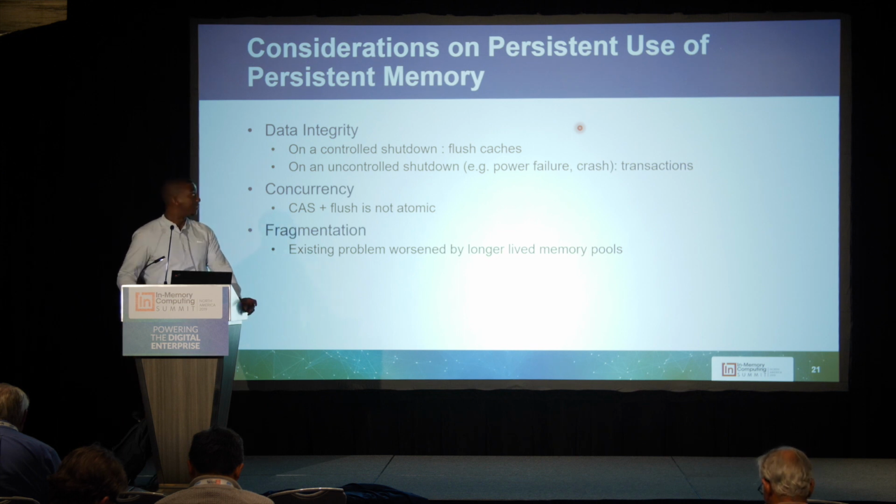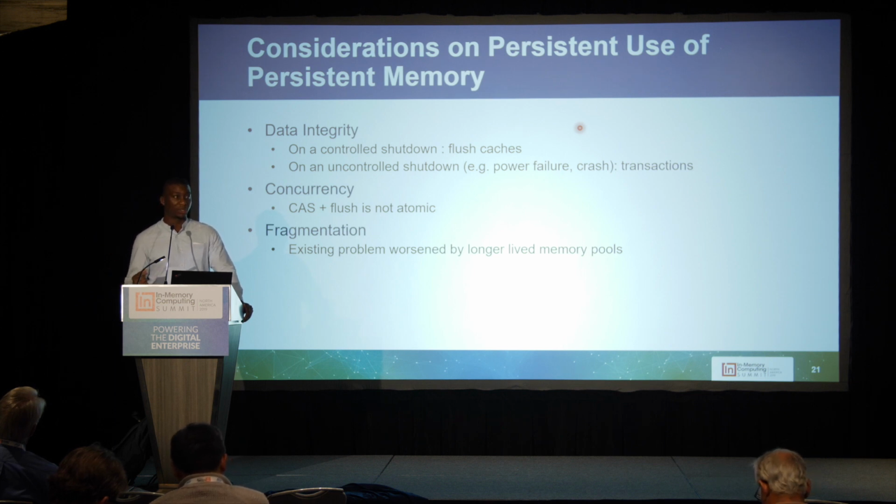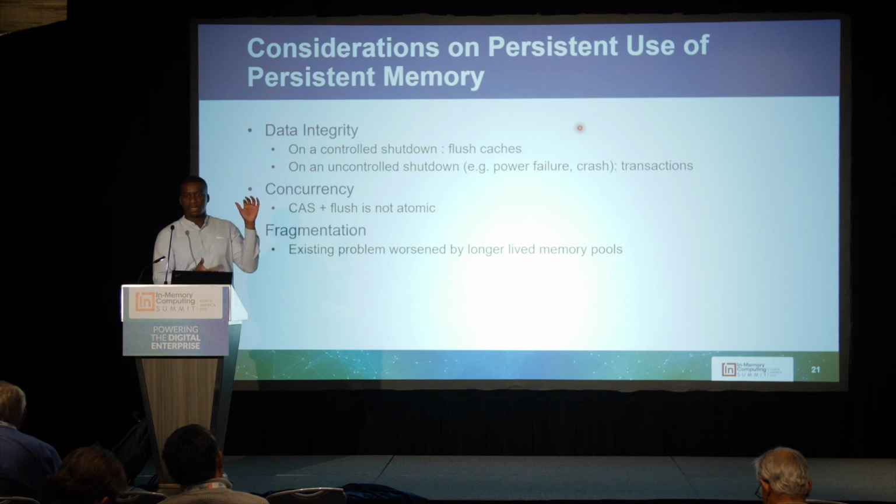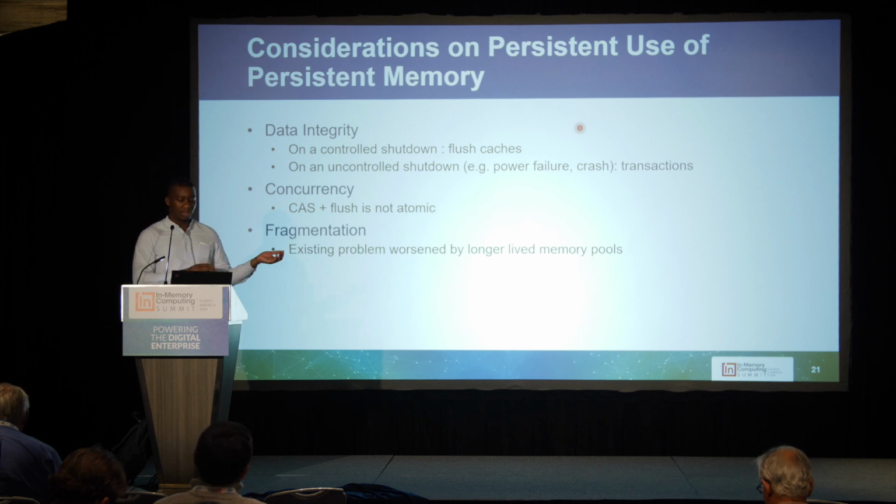And the next level is a stronger data integrity policy where on an uncontrolled shutdown, like a power failure or a crash, you could still have data integrity in that scenario. And how you achieve this is through transactions. PMDK has libraries that provide transaction support. So really what a transaction is, is that you can group a whole bunch of writes and you have the guarantee that they will all either execute or none of them execute.